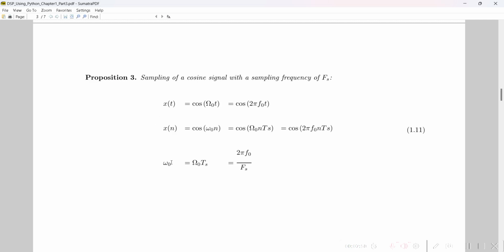Here you see the definition of omega 0 and how it's related to capital omega 0. So, write down this information. Here we note another problem. The dimension of capital omega 0 is radian per second, but its dimension is radian. Or to say it clearly, radian per sample times sample. In any case, it's radian.